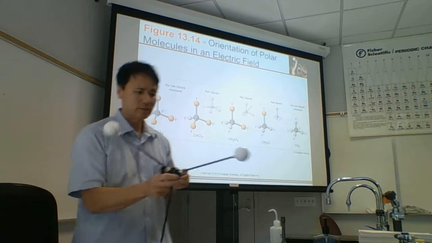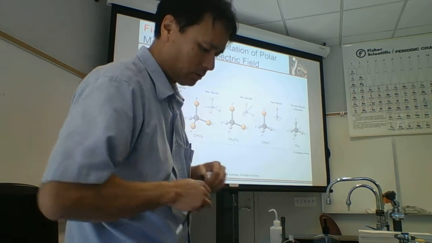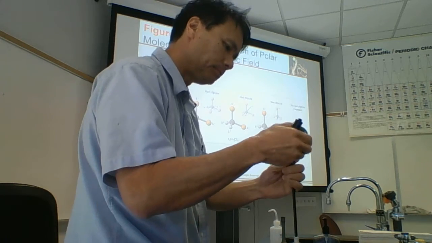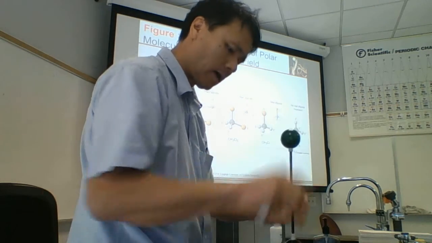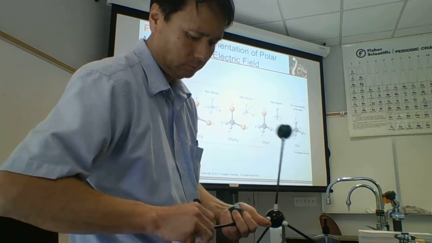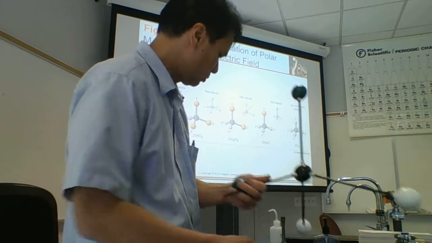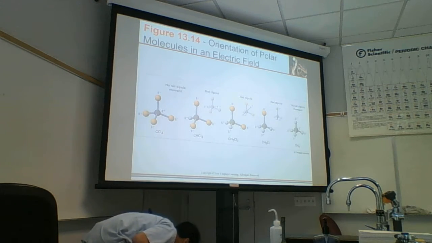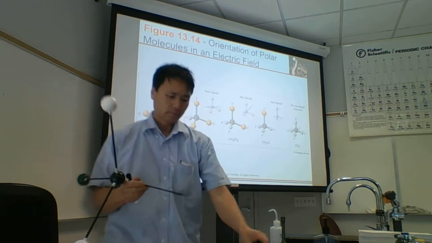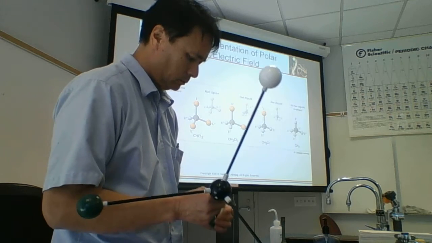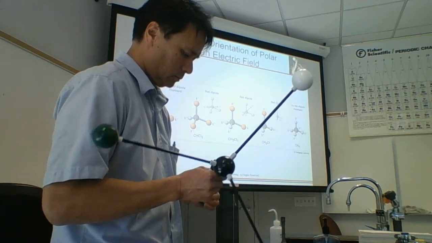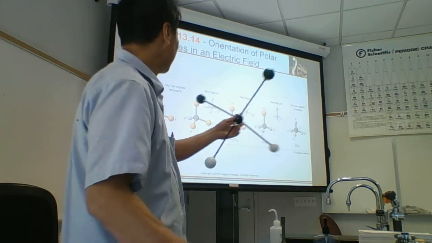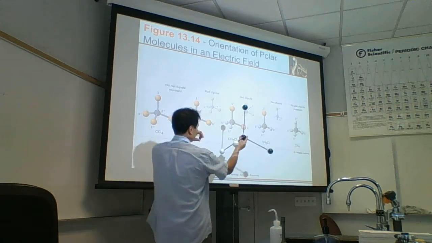I didn't have enough greens here, but this next one I can do. The next one is dichloromethane. So let's take a look at that. All right, when we look at dichloromethane, it's oriented like this.